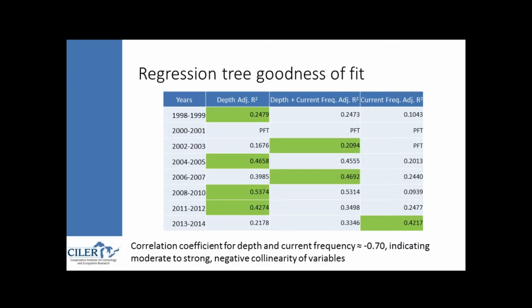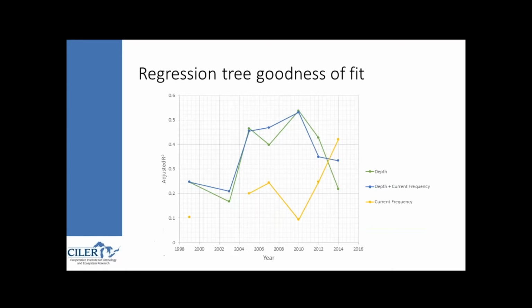And I looked at pairs of years, and to avoid overfitting on these regression trees, I pruned them using the lowest cross-validation error. So where you see PFT, that stands for pruned from tree. And then looking at the adjusted R-square values over time, we see how goodness of fit changes over time with the different variables in the regression trees.